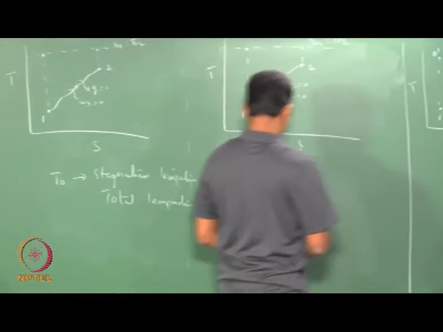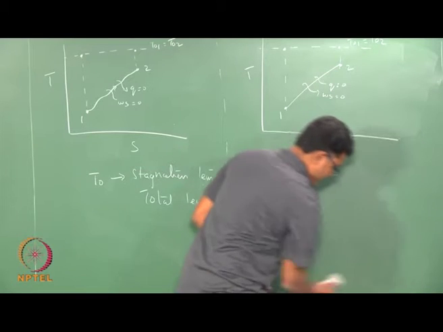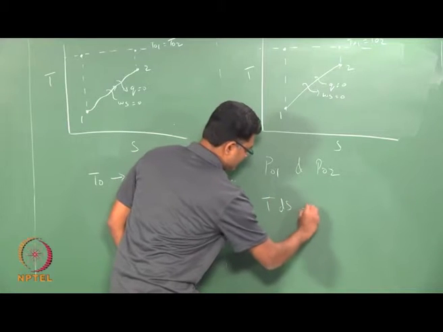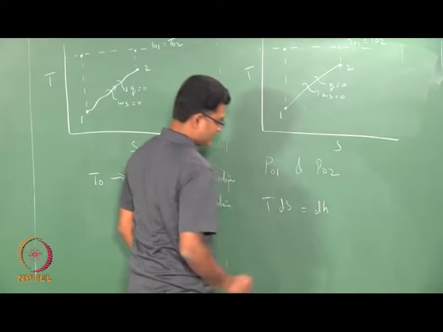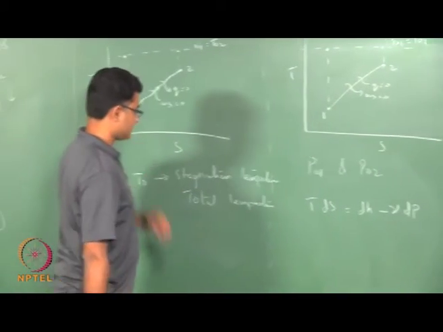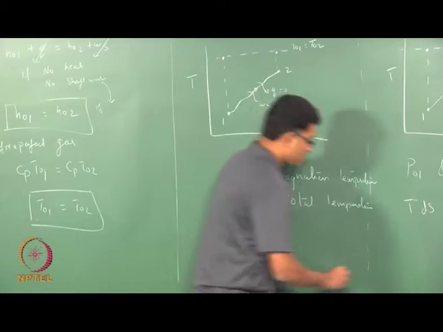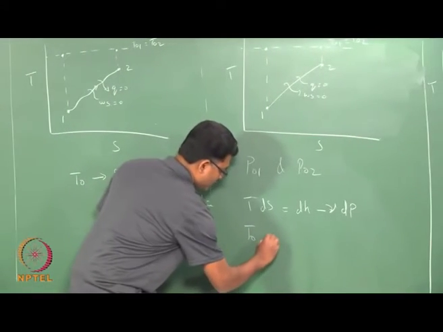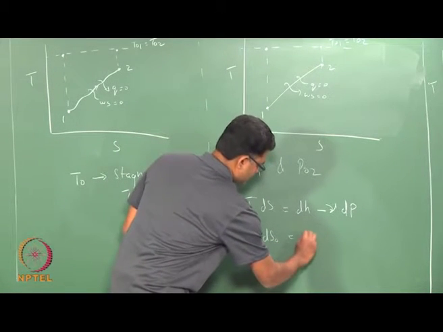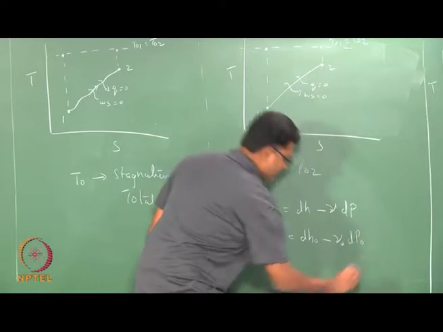So I start from my Gibbs equation, T ds equals dH minus V dP. Now, I am talking about stagnation quantity. So this is my T0 ds0 equals dH0 minus V0 dP0.